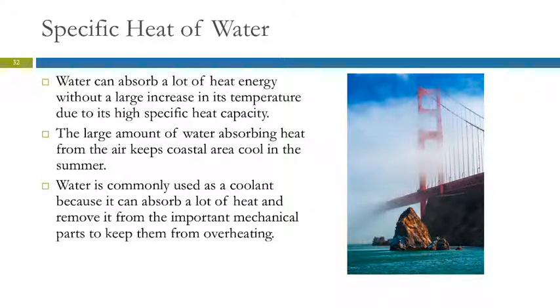We use water as a coolant in the engine of your car because it can absorb a lot of heat without changing temperature too much. It's used in evaporative coolers because it will absorb heat from the air as it evaporates and cool the air. So water is really useful because of its high specific heat capacity.